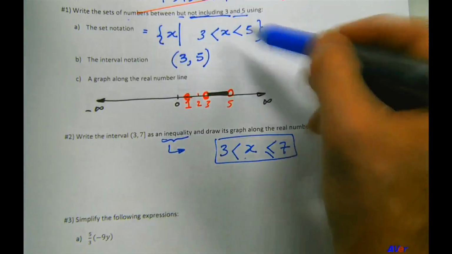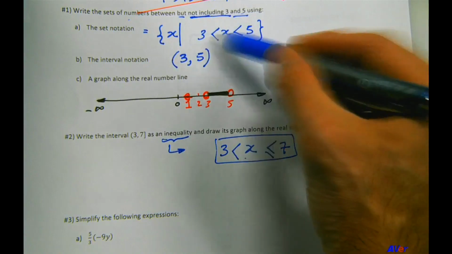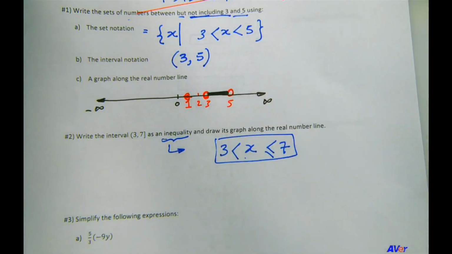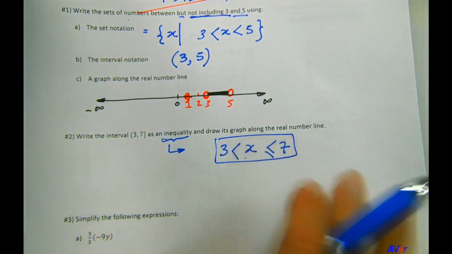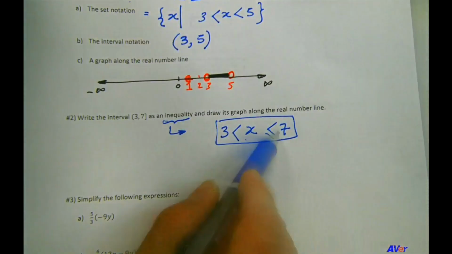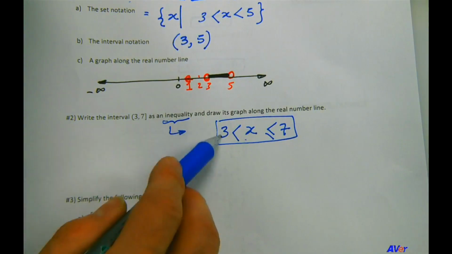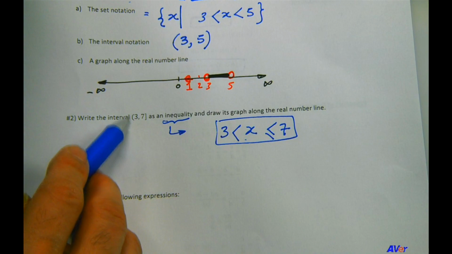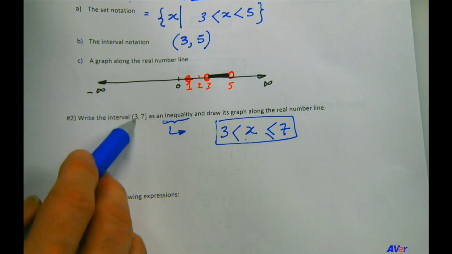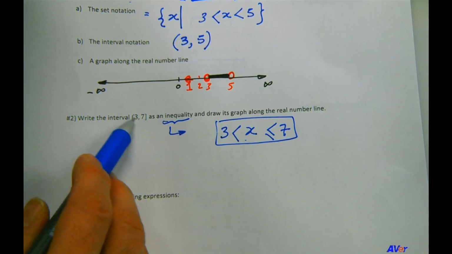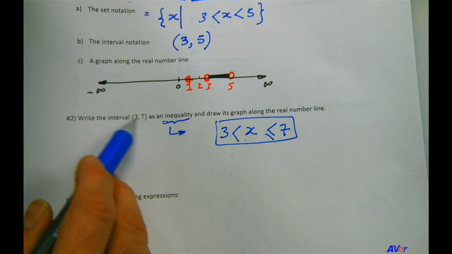See, we couldn't use the equality here and here because 3 and 5 were not included. But here, 7 is included because there is a bracket next to it. 3 is not included because 3 has a parenthesis next to it, and a parenthesis means that 3 is not part of this interval. It's not part of the solution. But anything larger than 3 is.